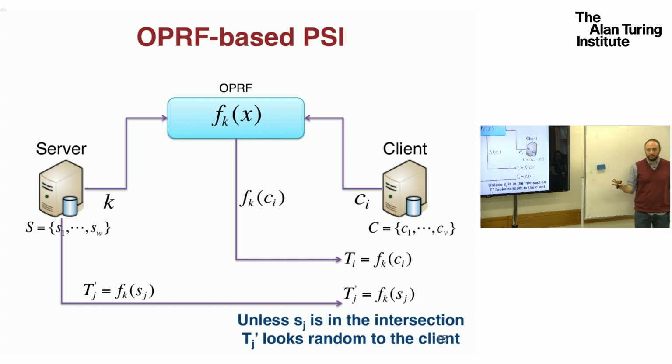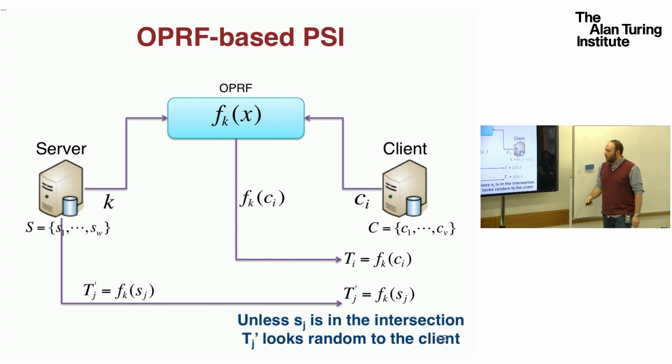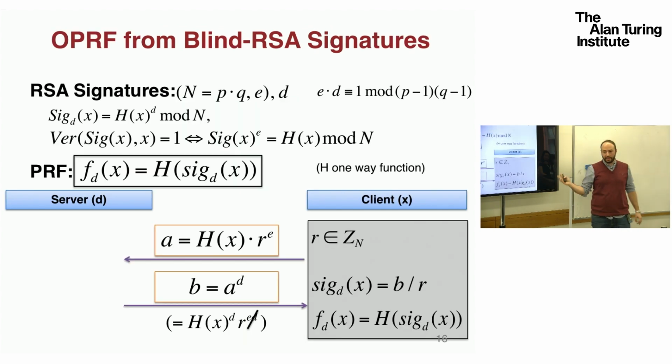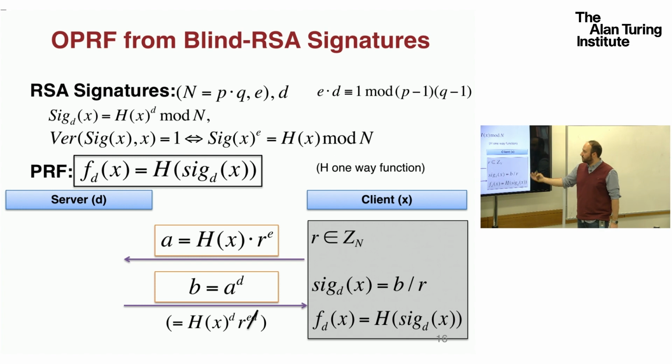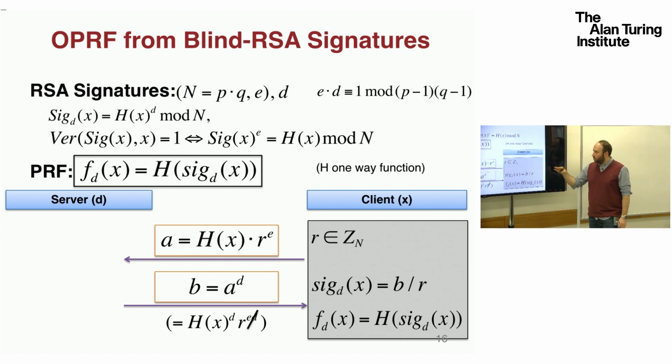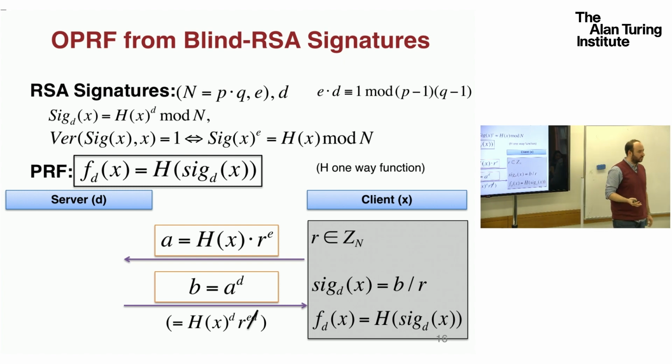Is this clear? Okay. Now, how can we actually build an OPRF? Here is an example. There are many ways to do that. One, which turned out to be particularly fast, is based on blind RSA signatures. Okay. Are you familiar with RSA signatures? Not everybody. Okay.